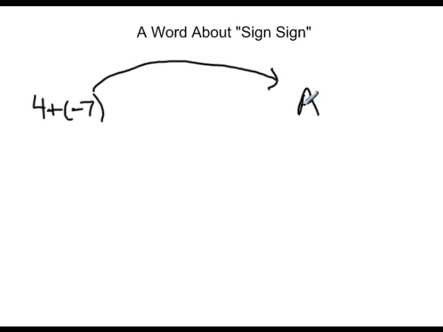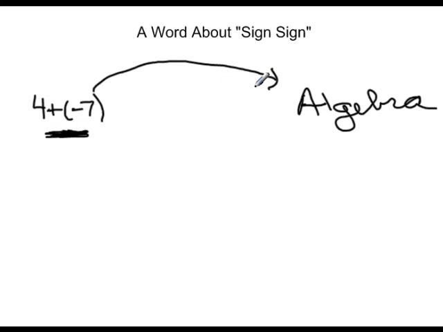Okay, now let's talk about a word about sine-sign phenomenon. It's not wrong to write things like this. It's not incorrect mathematically. Okay? However, as you transfer over to algebra, this style of writing is going to be a hindrance.